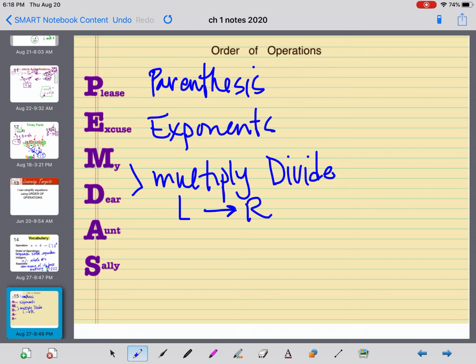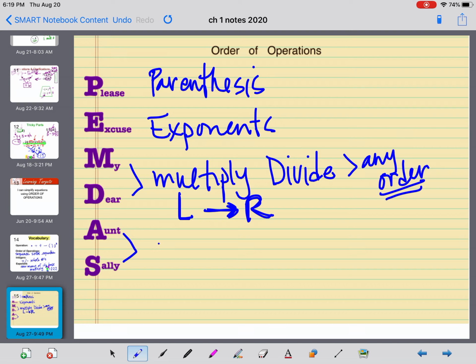Try working left to right. If you can see that one thing's going to be way easier than the other, sometimes it's easier to multiply first and then divide. But if you are unsure what order you should multiply and divide in, just work left to right and you'll never go astray, okay?